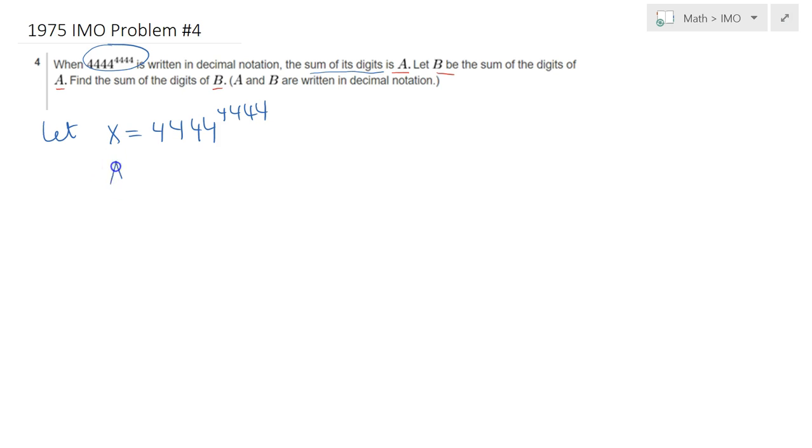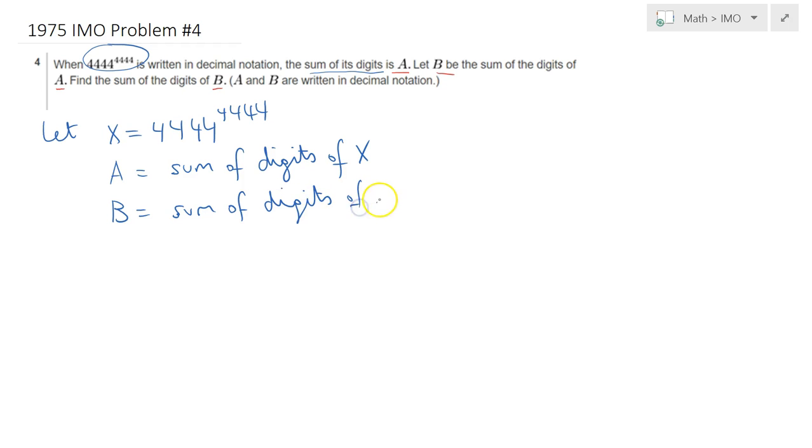So let's write that down. A is the sum of digits of X itself, and B is the sum of digits of A. And finally, the question doesn't even bother asking for B, but it's asking for the sum of digits of B itself.